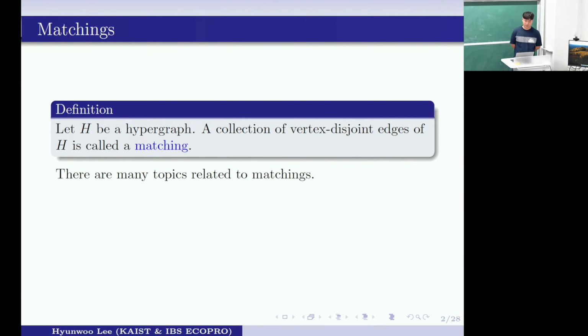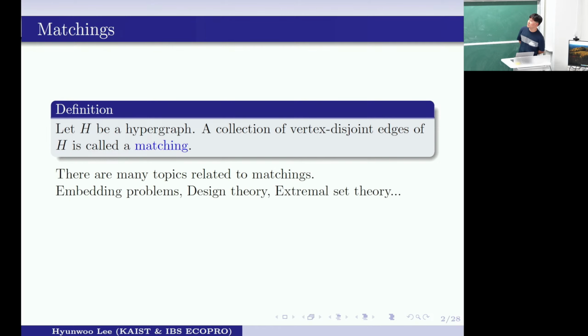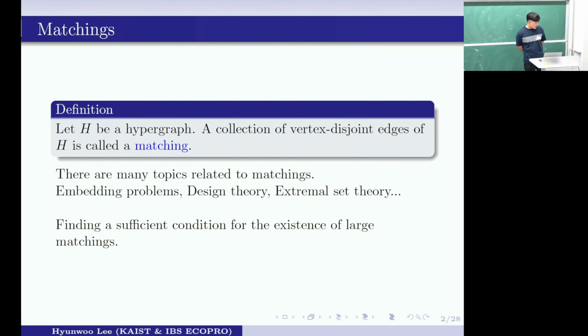There are many topics related to matchings, such as graph embedding problems, design theory, extremal set theory, and many other topics in combinatorics. Especially, finding a sufficient condition for the existence of a large, almost perfect, or just a perfect matching has been extensively studied in recent decades.